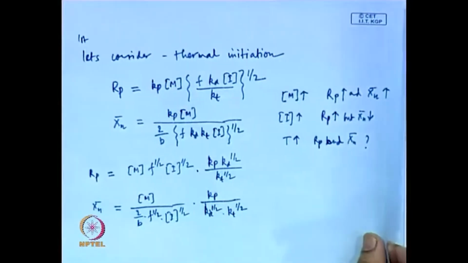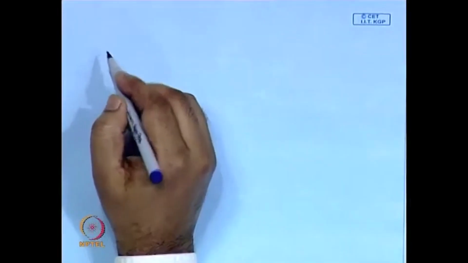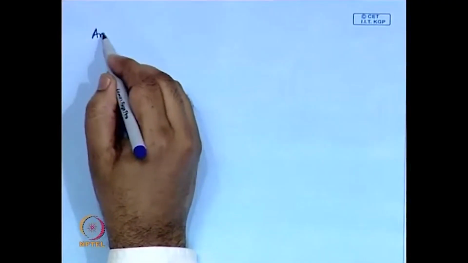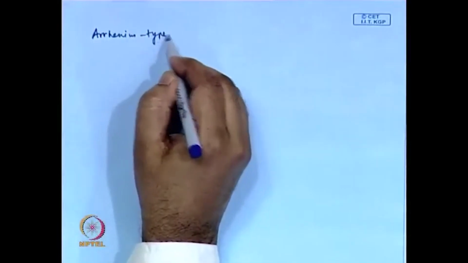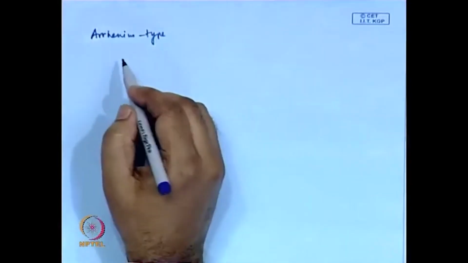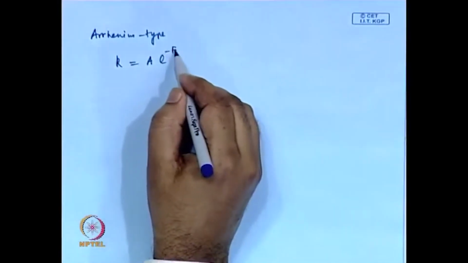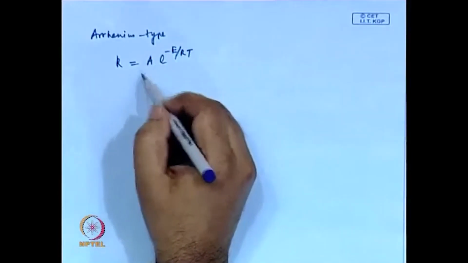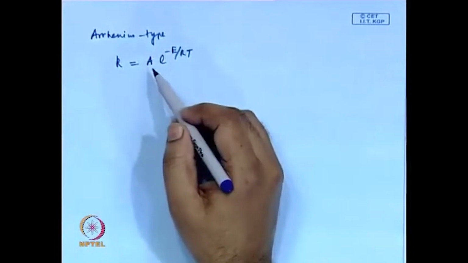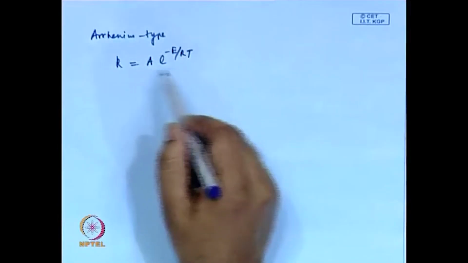Now, you know from our basic physical chemistry knowledge that a rate constant can be expressed in the form of an Arrhenius type equation: k equals A e to the power minus E by RT, where k is the rate constant, A is the frequency or collision factor, and E is the activation energy for that reaction. This is well known to you.